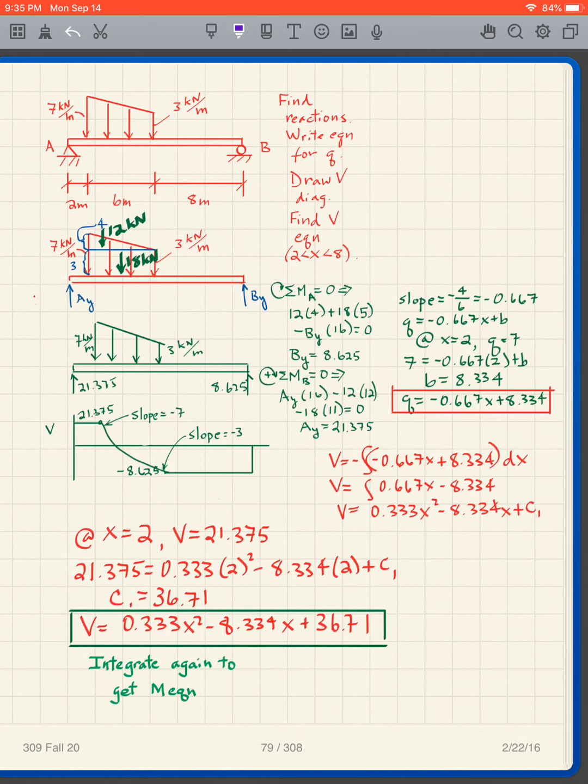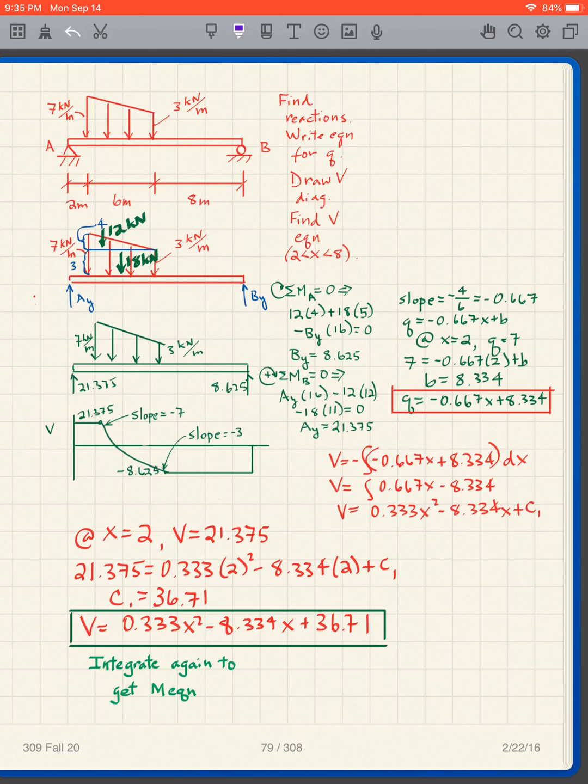Once I've done that, then what? I can draw the shear diagram. So I get this reaction here, I get that reaction there, I go up 21 over, and now look what happens. Now I draw a slope of -7, and then over here I draw a shallower slope of -3, so it looks like that. I want to get that curvature right.